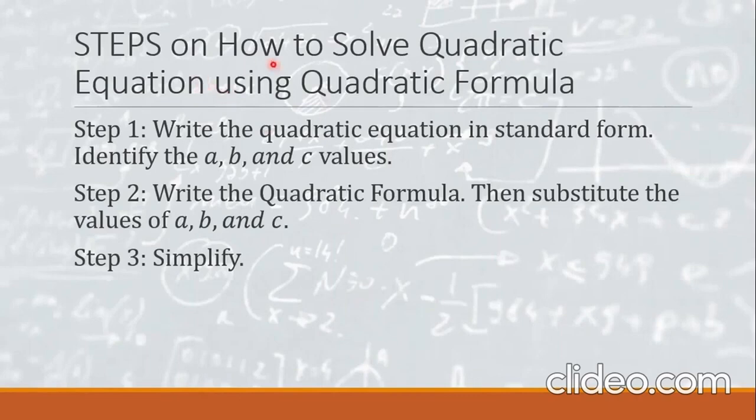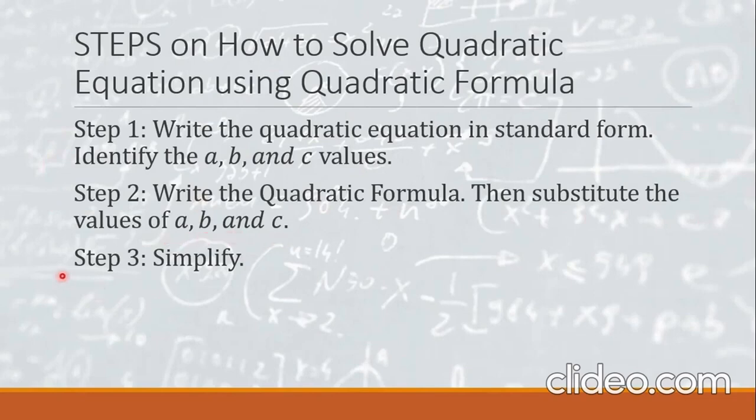Here are the steps on how to solve quadratic equation using quadratic formula. Step 1. Write the quadratic equation in standard form. Identify the a, b, and c values. Step 2. Write the quadratic formula. Then substitute the values of a, b, and c.